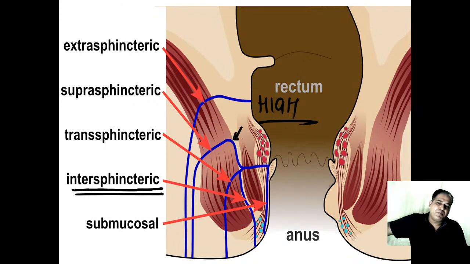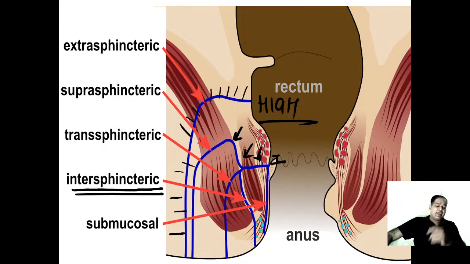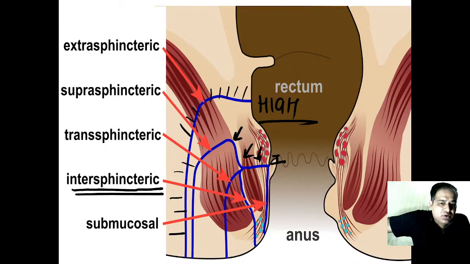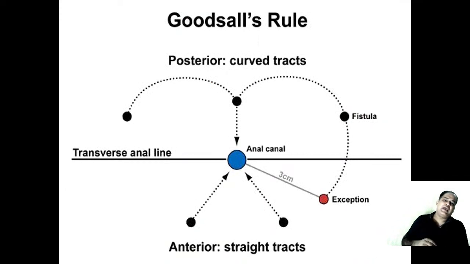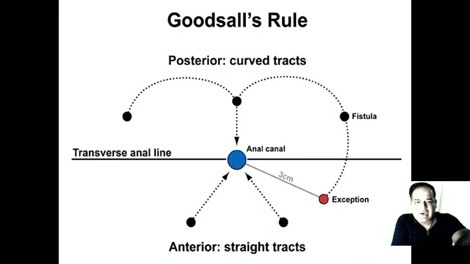Suprasphincteric means which is traveling above the sphincter. Extrasphincteric means which is traveling very far away from the sphincter. Again, they're not going to ask you this much detail. The only thing they are going to ask is which is the most common type. So the most common type is intersphincteric.